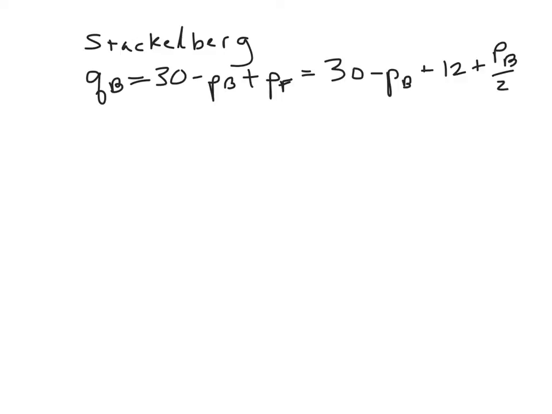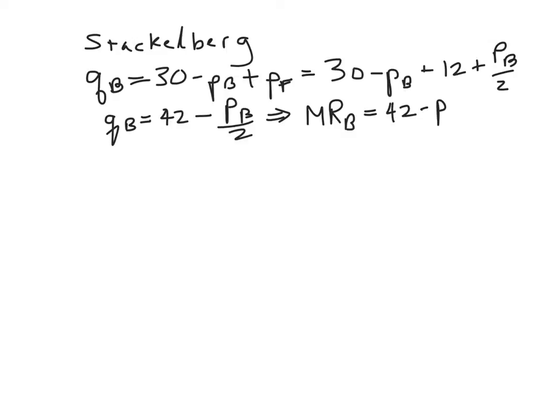And when we sort that all out, we get the following. QB equals 42 minus Babette's price over 2. And that means her marginal revenue is equal to 42 minus her price.